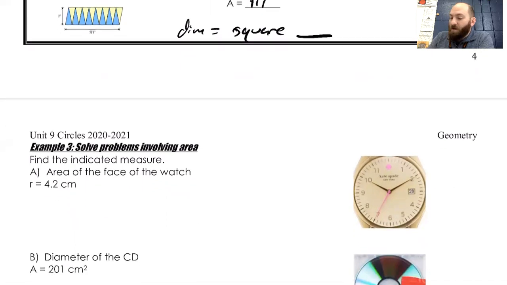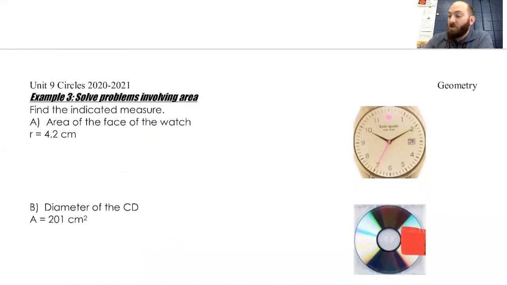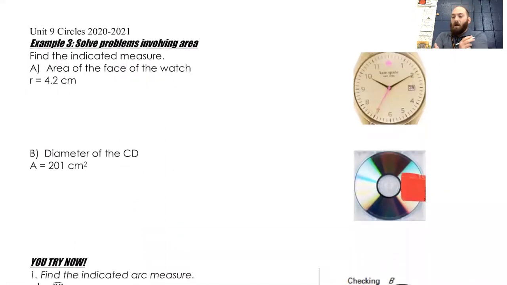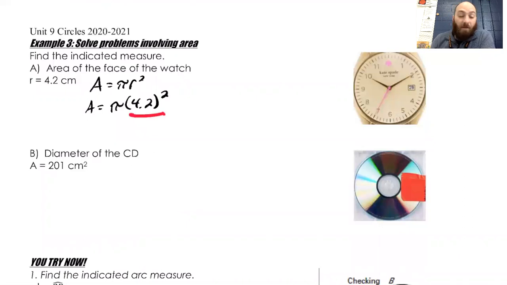So let's look down here. We've got our last two examples. Area of the face of the watch. The radius is 4.2. So if I know that area is equal to pi times radius squared, I'm going to do pi times 4.2 squared. That one's pretty straightforward. You just plug it in your calculator just like that. Make sure you are doing the squaring first.